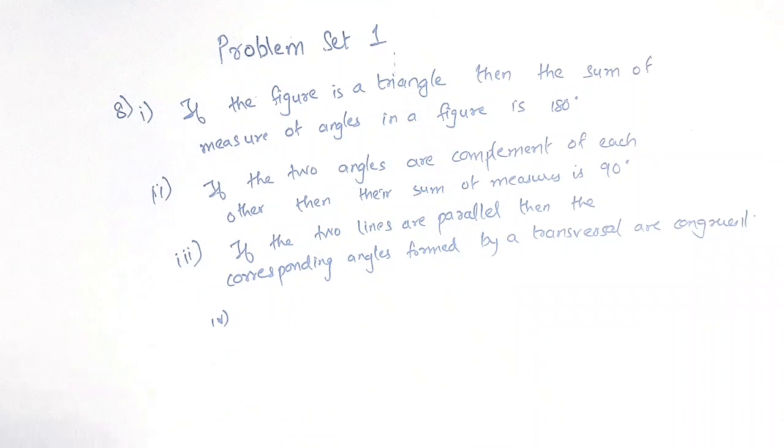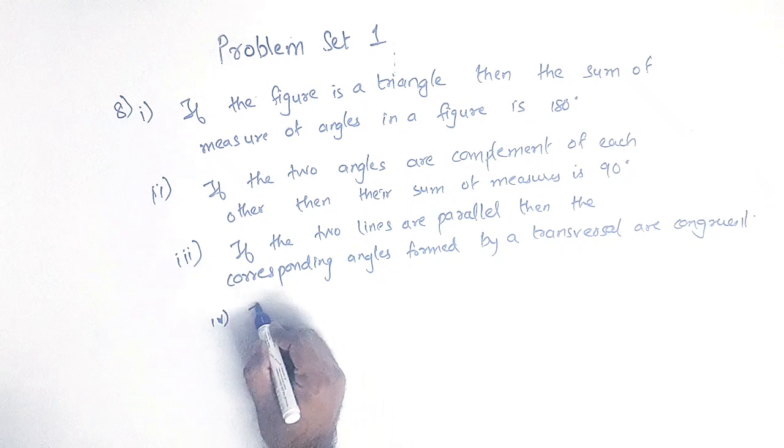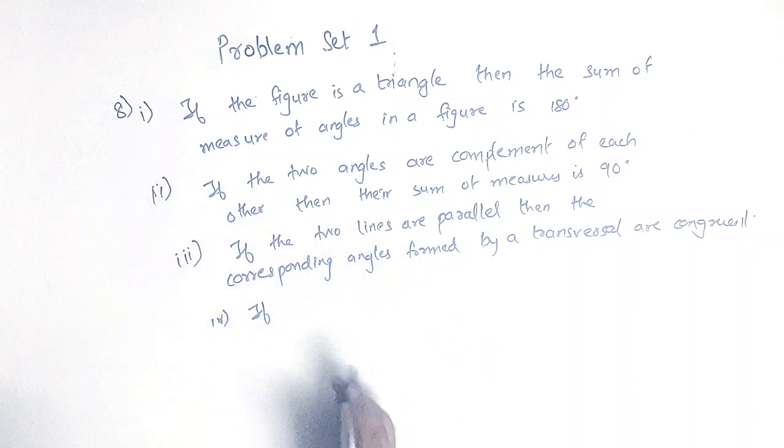Then let us move on to the fourth one. If the sum of the digits of a number is divisible by 3, then the number is divisible by 3. Very simple: whatever is after the word then, I'll take it first.